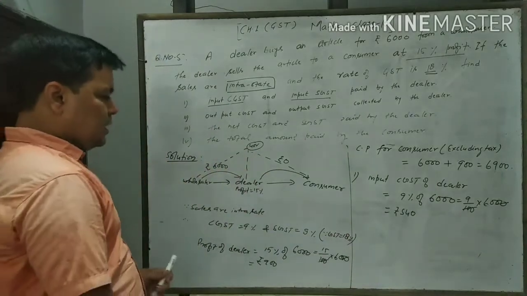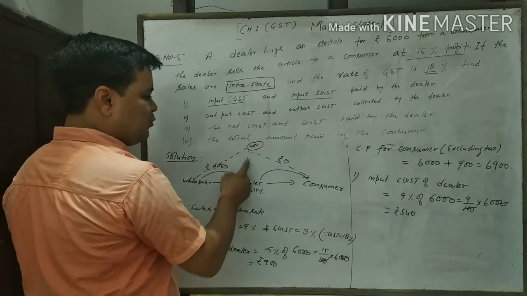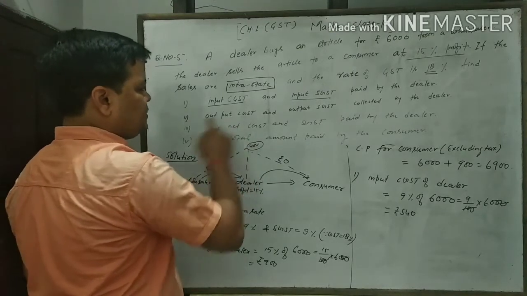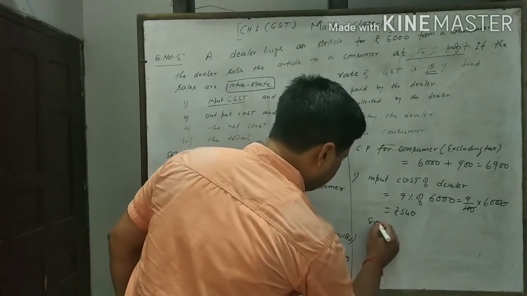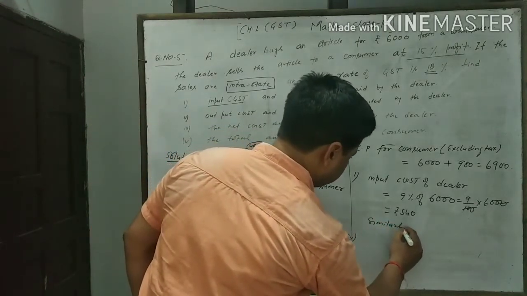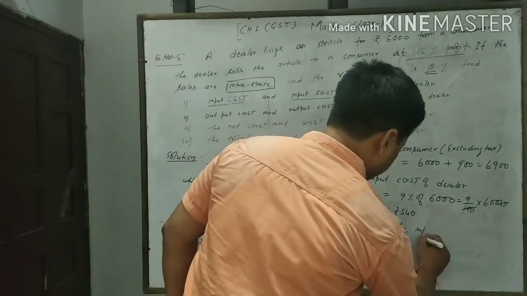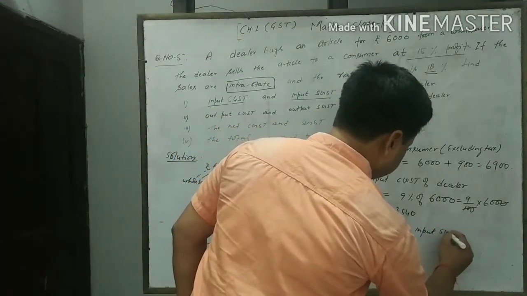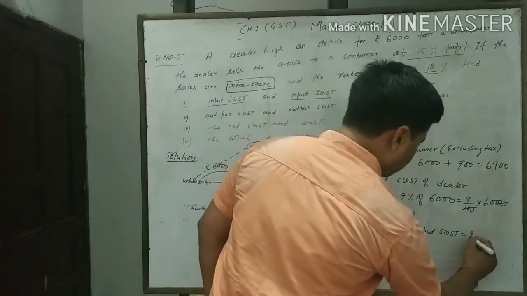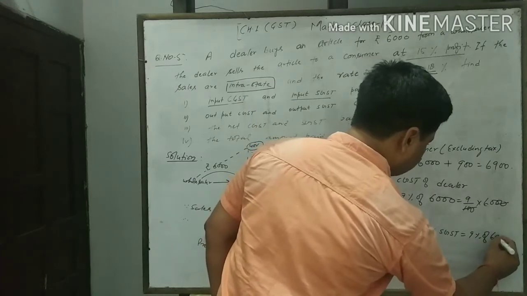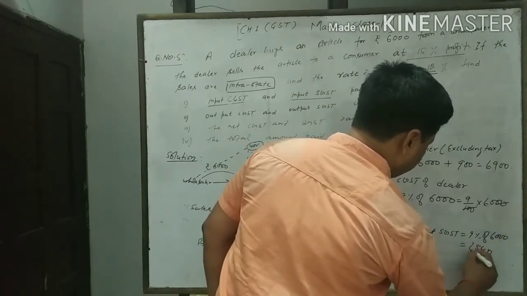Okay, means here dealer gives to government 540 rupees as CGST. Similarly, input SGST is also 9% of 6,000 rupees, which is equal to 540 rupees.